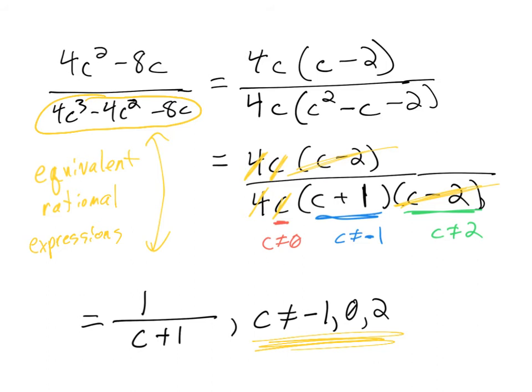So putting in any of these three values into 4c cubed minus 4c squared minus 8c would cause that denominator to be equal to 0. Note, but by the time we have simplified this expression, we can only observe one of these three restrictions, but all three of them would be non-permissible in the original expression.